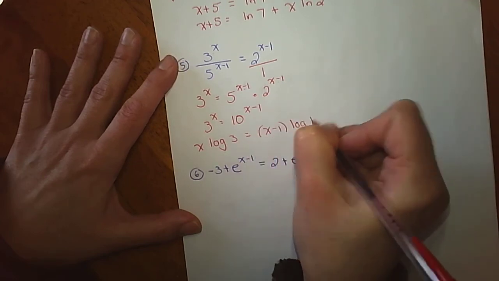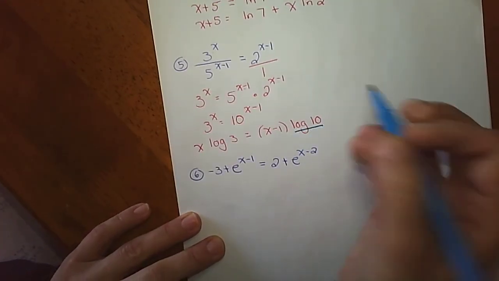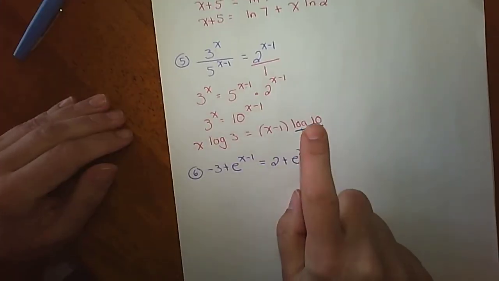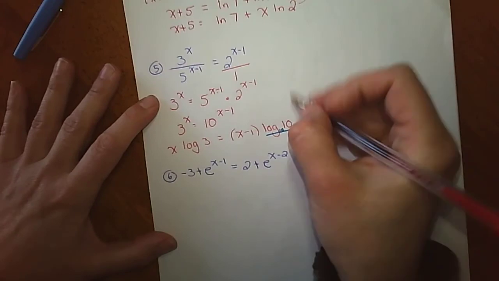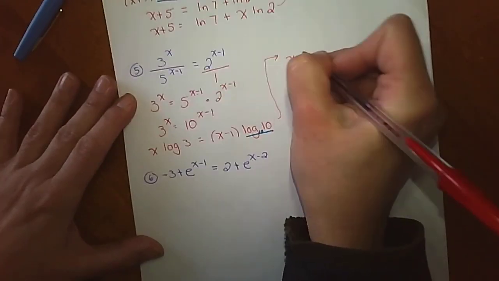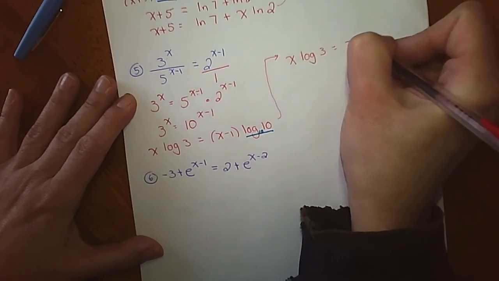Log 10. Like that. But magically, what is log 10? Remember, there's a little 10 there. This guy I just underlined is the number 1. So if I bring this back up here, we have x log 3 equals just x minus 1.